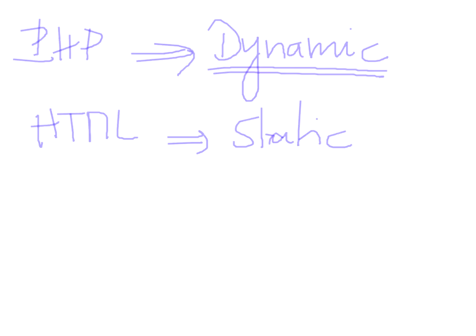So why can HTML create only a static web page, but PHP can create a dynamic web page? What is the difference between static and dynamic? Any response? It is changing, yes. So here with PHP the response can change, but with HTML we will get the same response in every request.